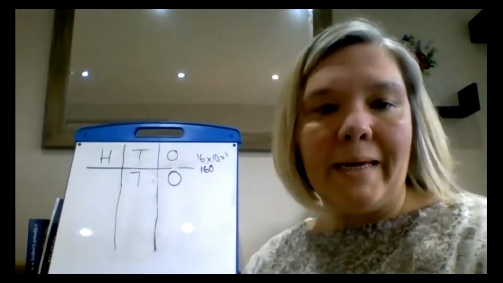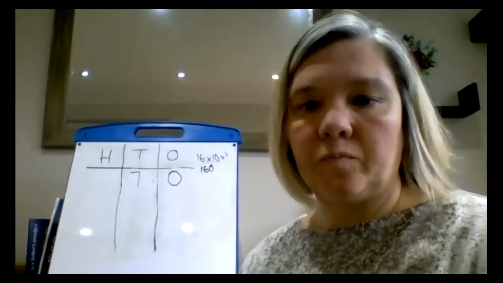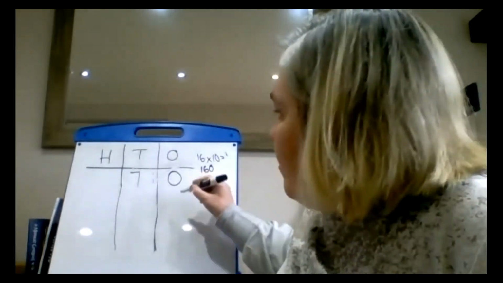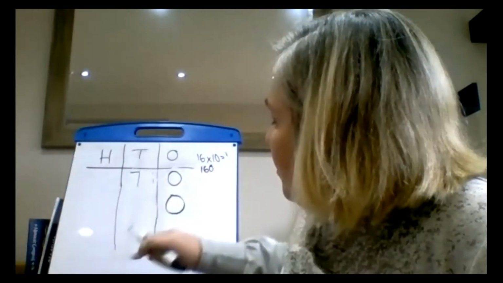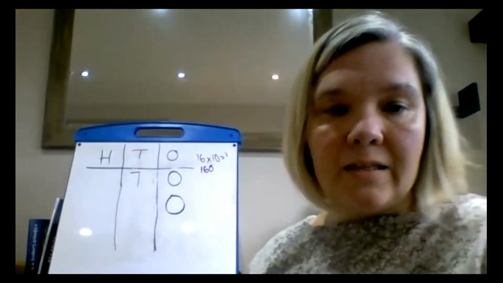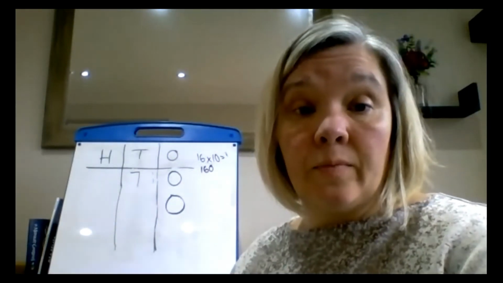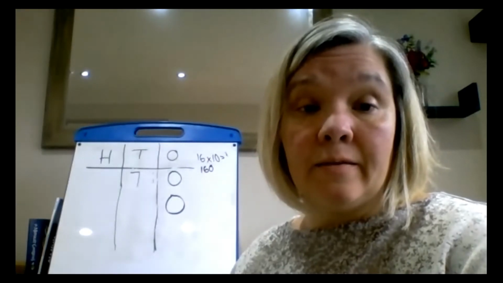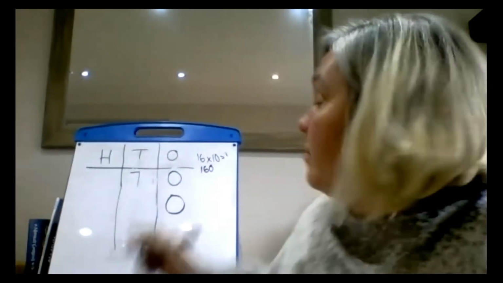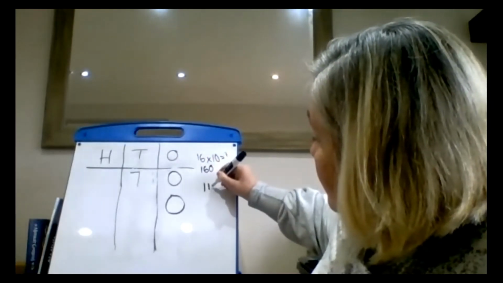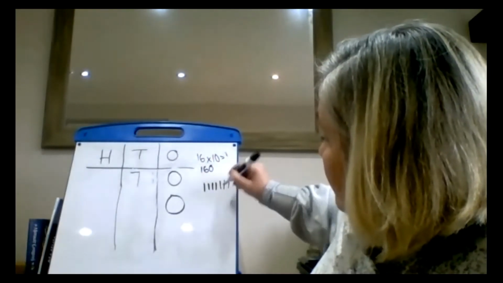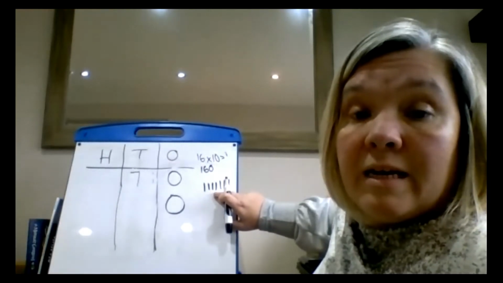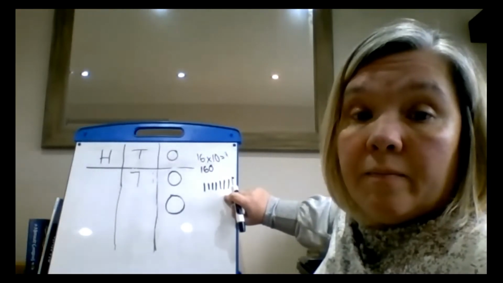Okay, we are making this 10 times greater. What is 10 multiplied by 0? It's 0, isn't it? Okay, I've got 7 tens. I've got 7 lots of 10. And each one of those is going to be multiplied by 10. So each one of these now becomes 100 because I've multiplied each one of those by 10.